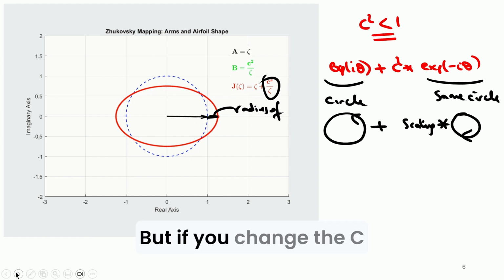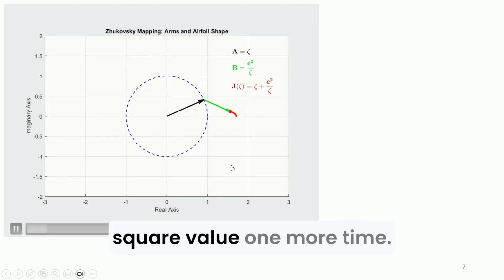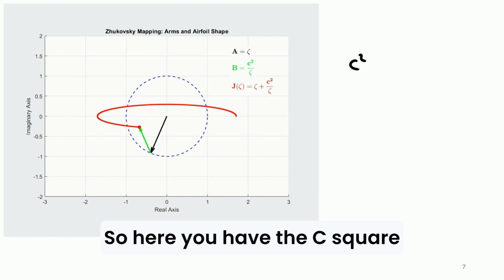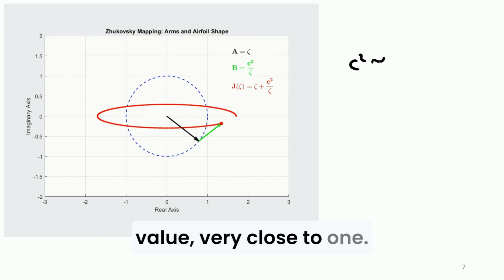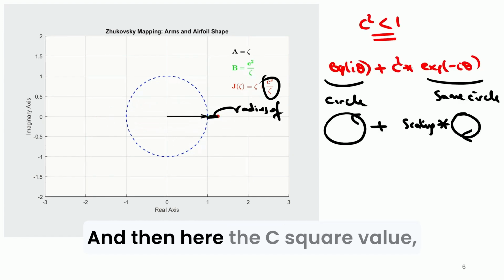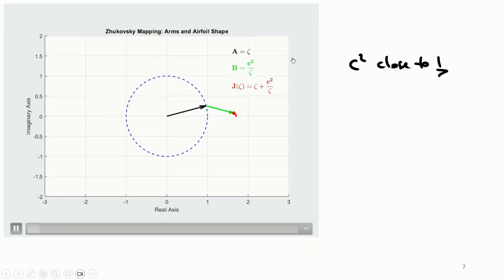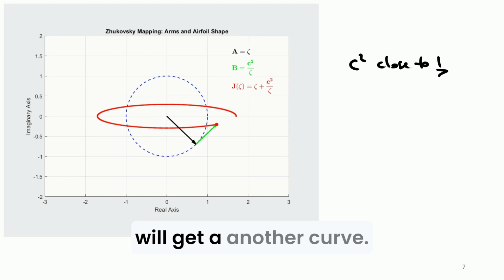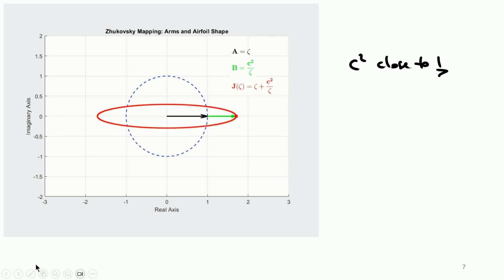But if you change the c squared value one more time, so here you have the c squared value very close to 1. Okay, and then you can see that you will get another curve.